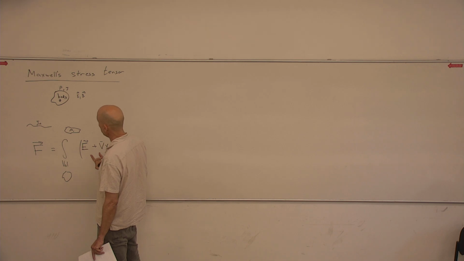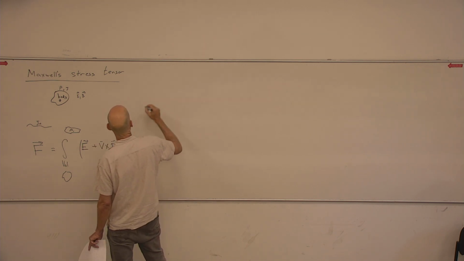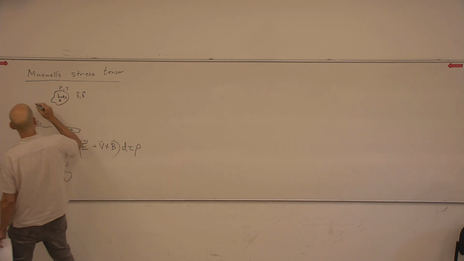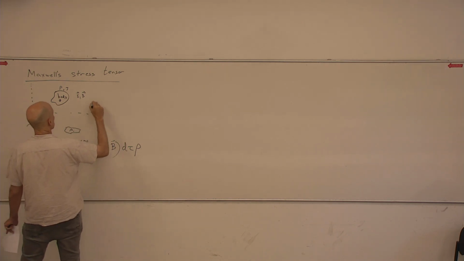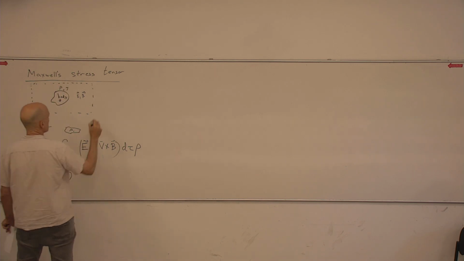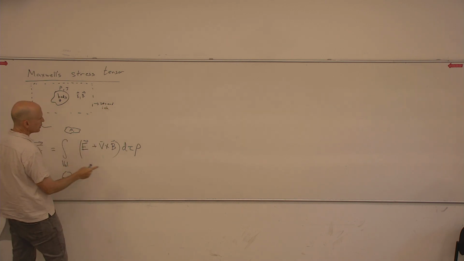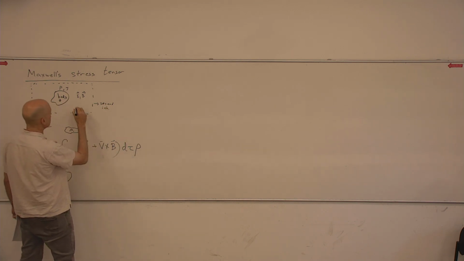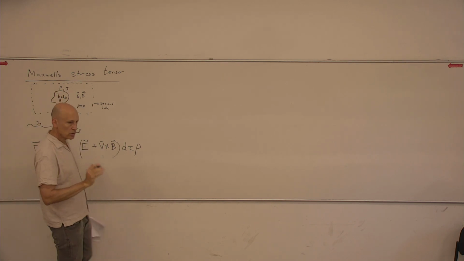So we can immediately start thinking about this, and I can add here an integration path like this. I can do it many ways. This is an integration over a volume. The point here is that the density outside the body is zero, while the density inside the body is not zero.